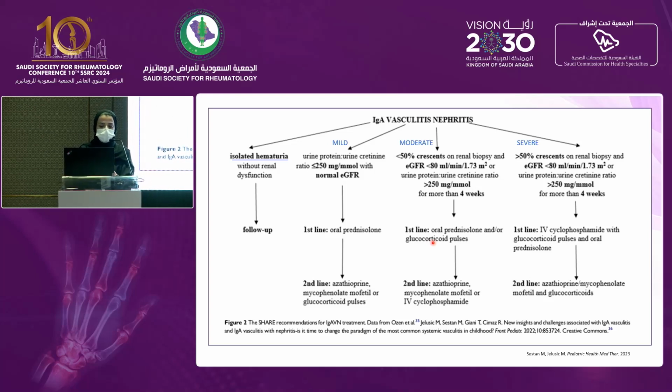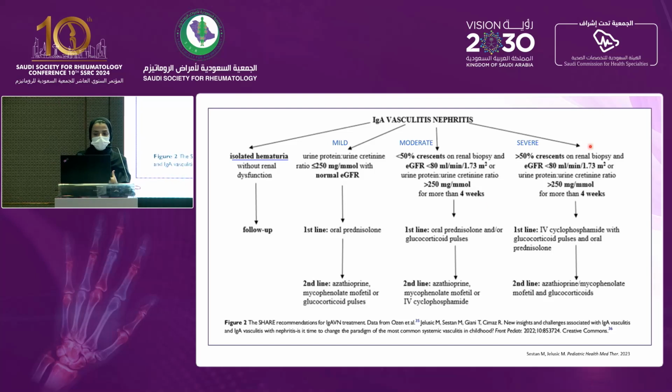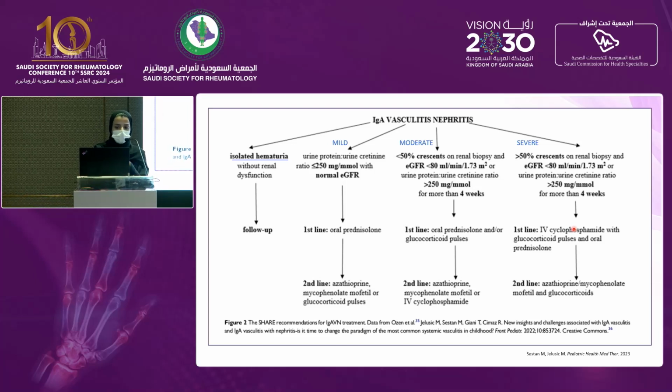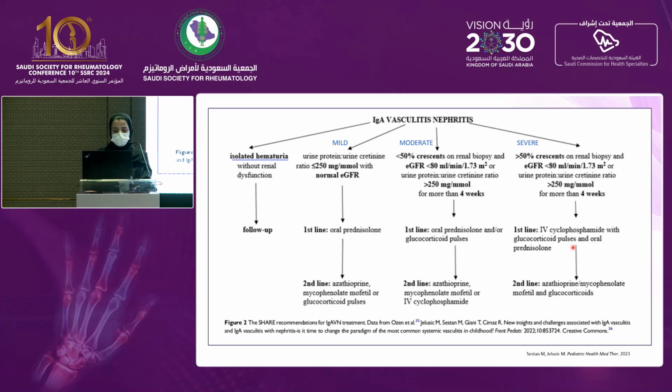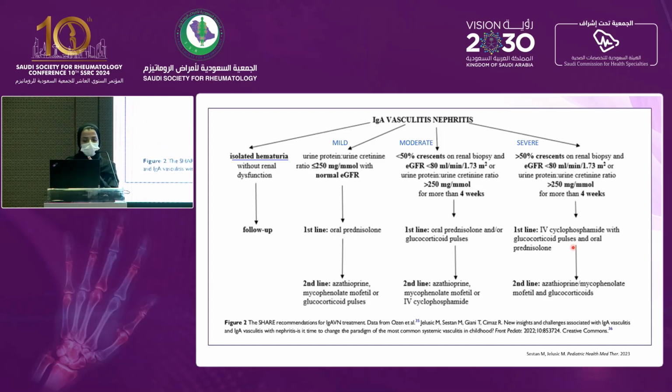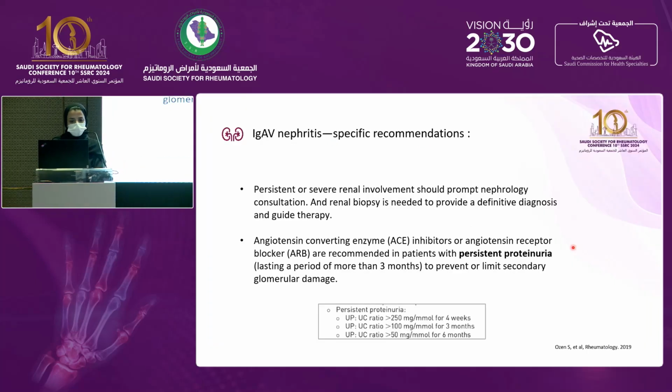And then the second stage, the other immunosuppressant. For the severe form, you will start the oral steroid, pulse steroid, along with cyclophosphamide. And of course, this is based on the whole circumstance and the patient condition.